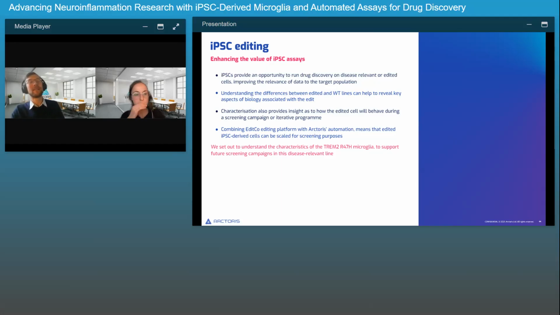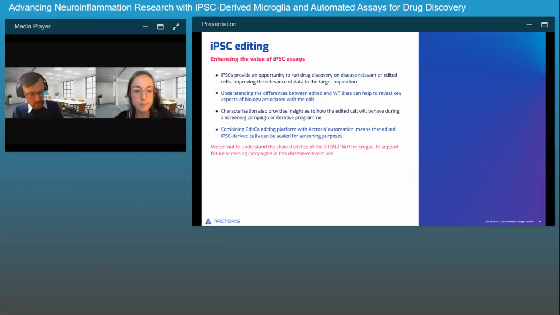So what we're looking at here is trying to take the value of iPSCs one step further. Using iPSCs provides us with a human model, but the real value is that we can start editing these. We can start bringing in a specific target of interest, a specific disease-relevant mutation, such as the TREM2 R47H mutation that we're using here, and really start to do your drug discovery program from day one.